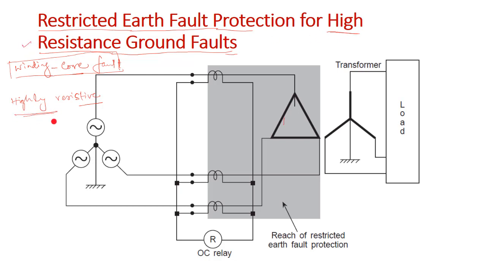So as the high resistance ground fault happens, the fault current under this condition is highly reduced. It is not very appreciable, and therefore your relay doesn't sense this kind of fault.